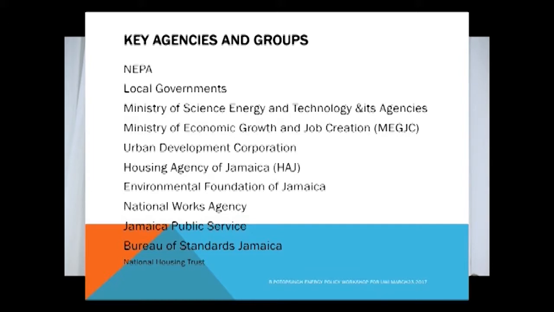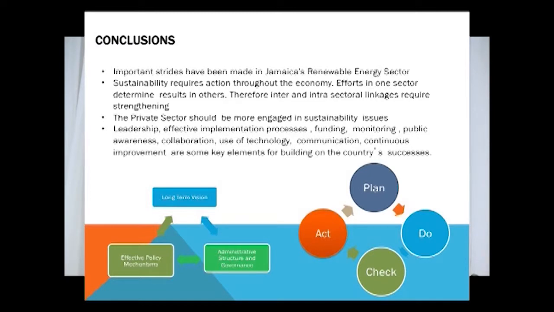So in concluding, I would say we have made as a country important strides in our renewable energy sector and in including sustainable development in our development processes. But sustainability requires action throughout the economy because efforts in one sector will affect results in other sectors.